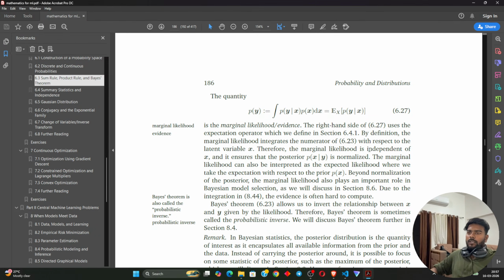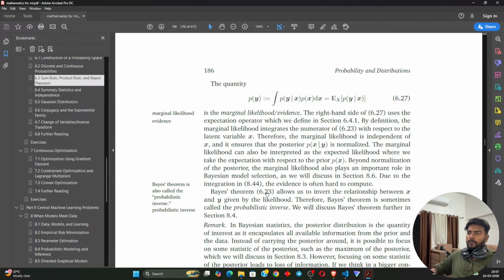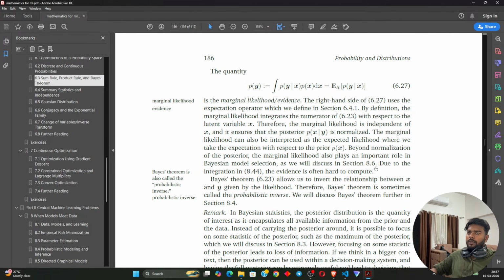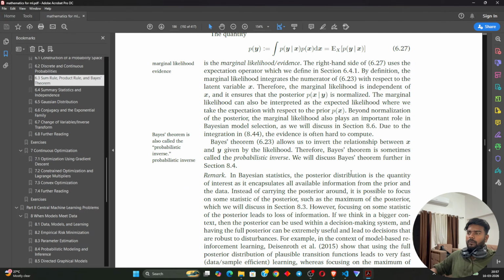Therefore, the marginal likelihood is independent of x and it ensures that the posterior is normalized. The marginal likelihood can also be interpreted as the expected likelihood, where we take the expectation with respect to the prior. Beyond normalization of the posterior, the marginal likelihood also plays an important role in Bayesian model selection. As we will discuss, due to the integration, the evidence is often hard to compute.